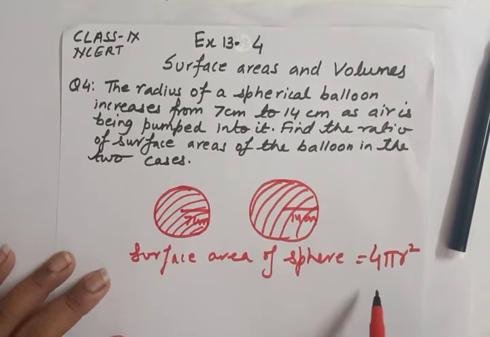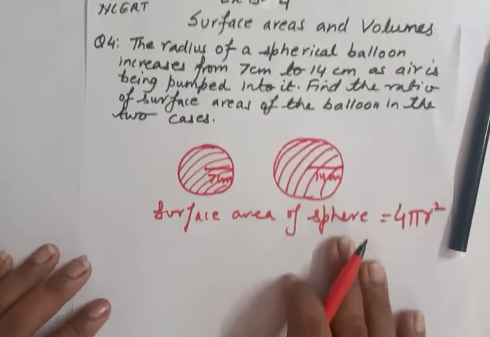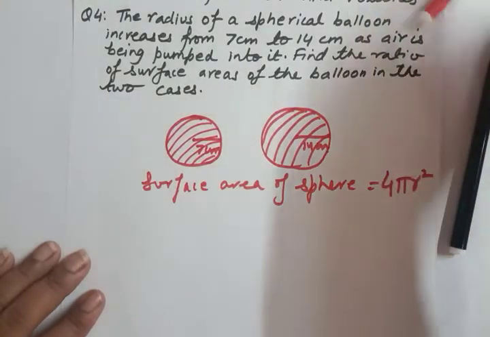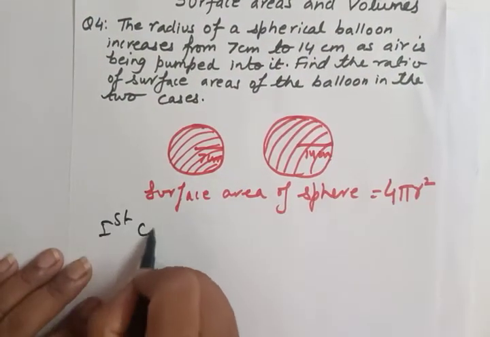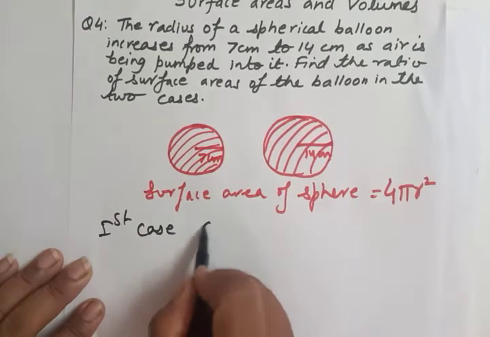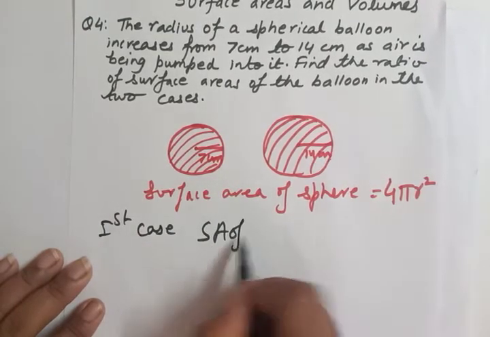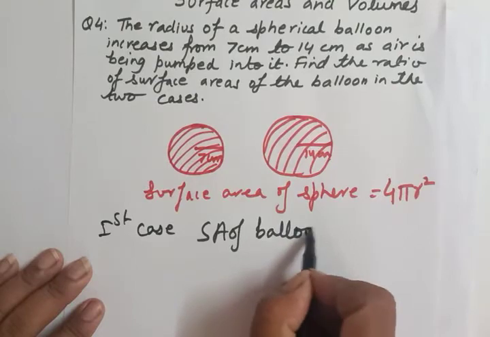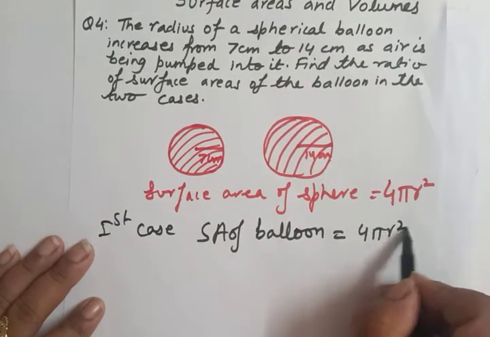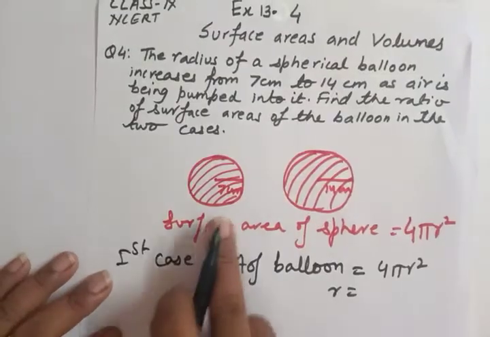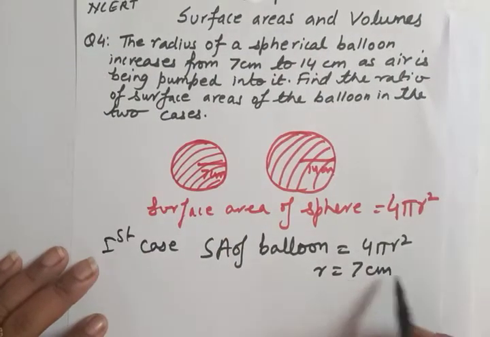So this is the formula. First of all, we will find the surface area for the first case when the radius is 7 cm. For the first case, surface area of balloon is equal to 4 pi r square, where r is equal to 7 cm.